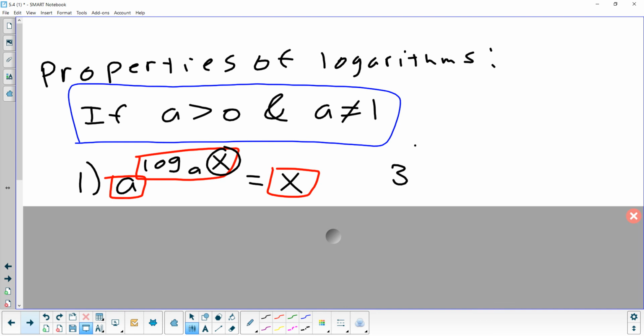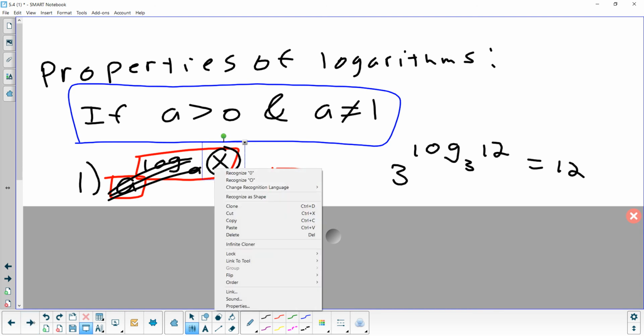So if you had 3 raised to the log base 3 of 12, the answer there would be 12. It's a special pattern that when these two numbers are the same and the logarithm is up in the exponent, this part cancels out and you end up with just what's right there as your answer.